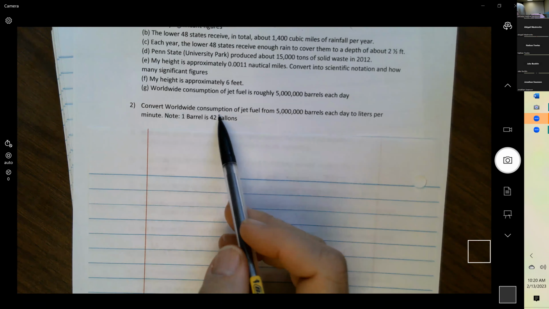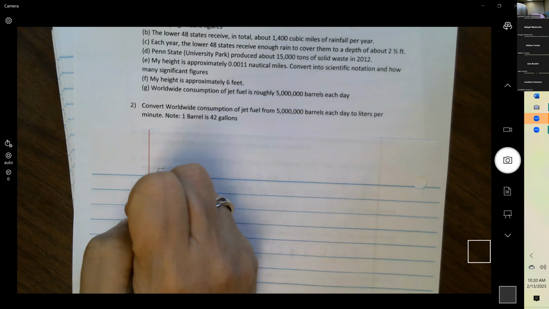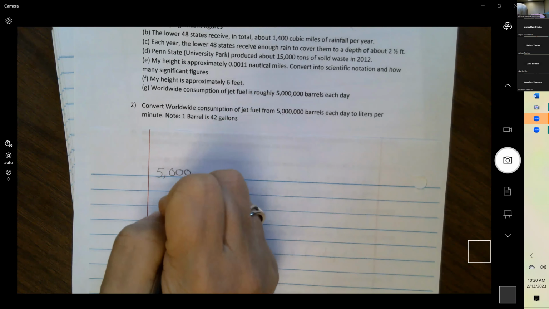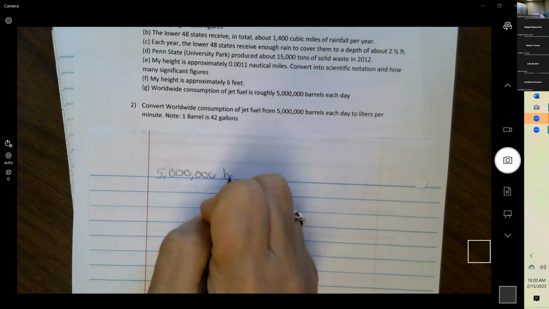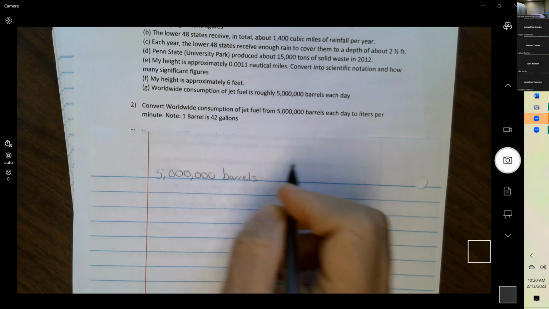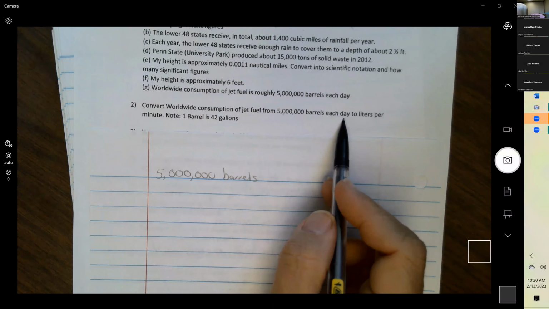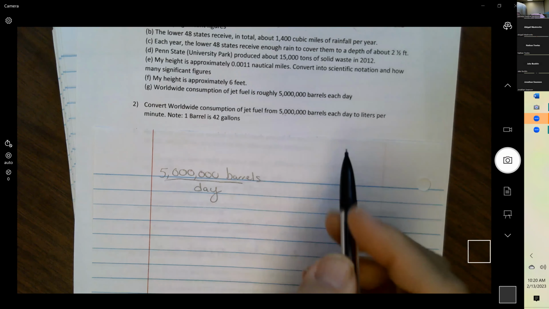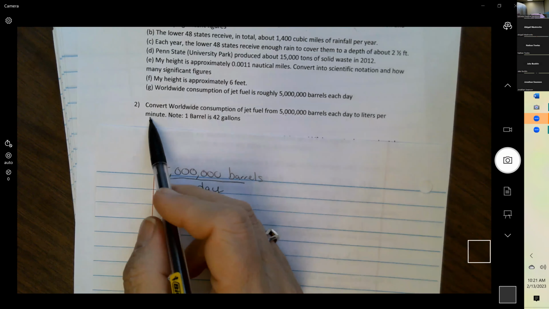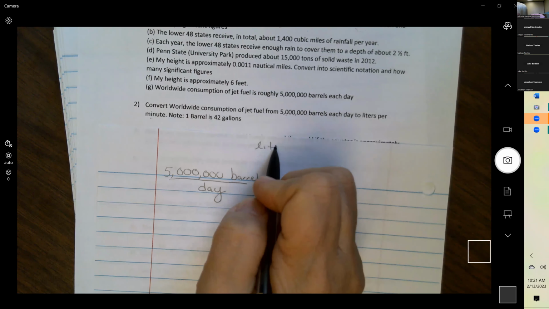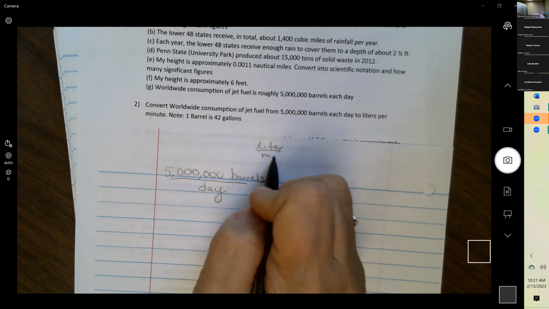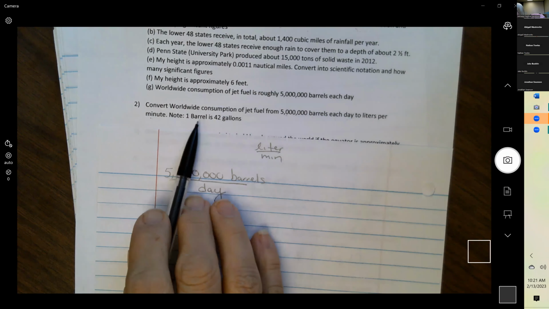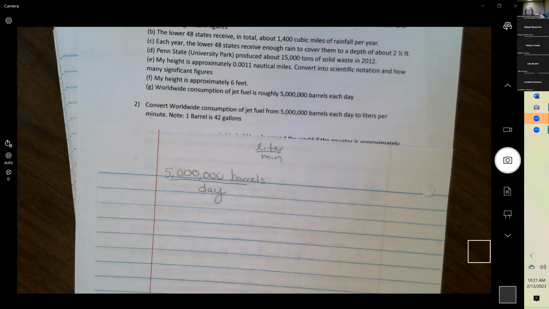Convert worldwide consumption 5 million barrels each day, so per day, to liters per minute. And 1 barrel is 42 gallons. But of course, that's on your formula sheet.